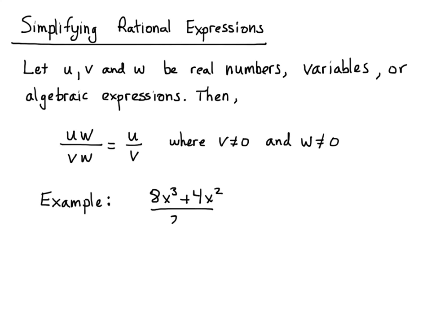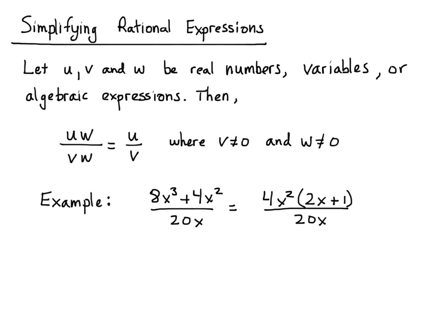So let's do it with a polynomial now. Let's say we have this. Okay, so the thing that I want to do here is fully factor the numerator and the denominator. All right. So now what I can do is start canceling terms. See, I have a 4 in the numerator and a 20 in the denominator.